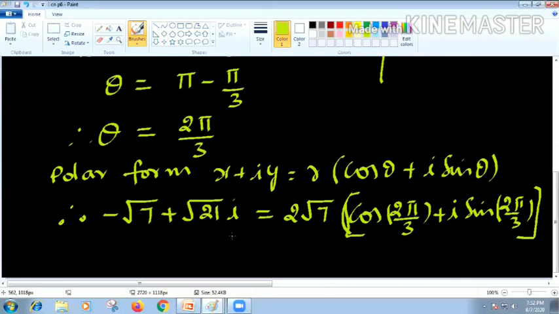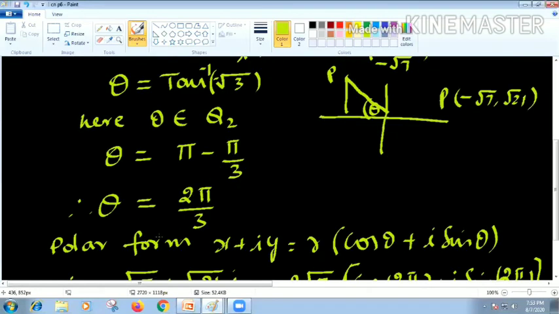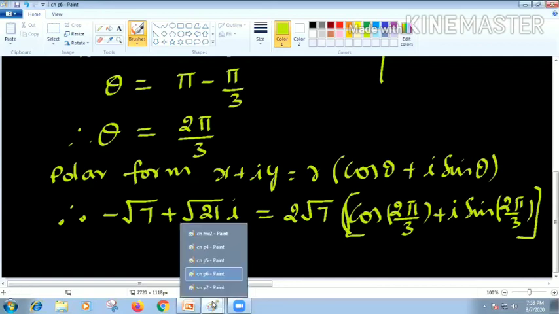So this is the polar form of the given complex number. Now let us observe once again. We have to find the modulus r value and theta value. Then substituting r and theta in the polar form, we will get the polar form of the given complex number.